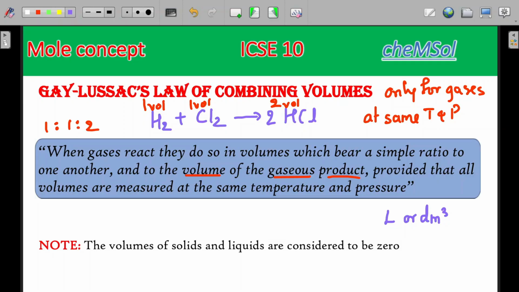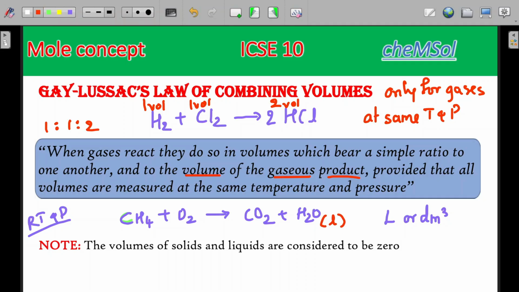And if there is a solid or a liquid, say for example I will take another example: methane, burning of methane with oxygen, you will get CO2 plus H2O. Say they have measured the volume at room temperature and under normal pressure. Now what we know, under room temperature water will be liquid, so you should not apply Gay-Lussac's law for water.